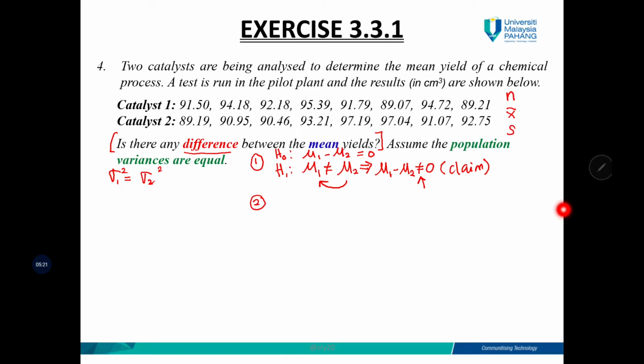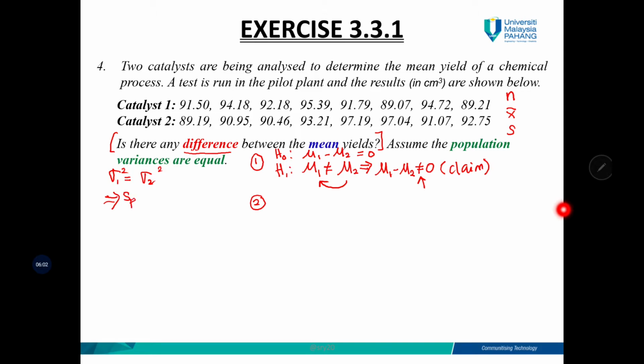Here we have n, x bar, s. For x bar and s, you need to use a calculator to get the sample mean and sample standard deviation. The population variances for both catalysts are unknown. If unknown, then we need to look at the assumption that the population variances are equal. So that's why we need to calculate Sp.